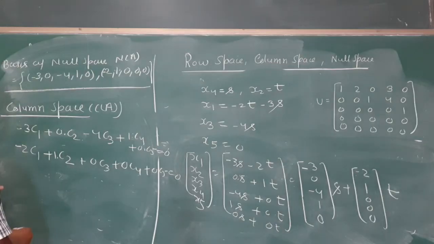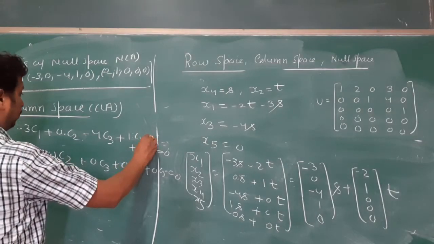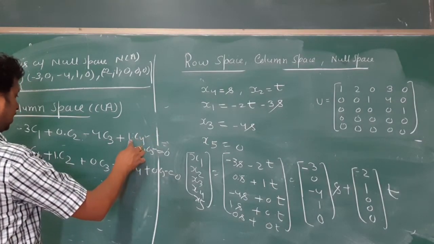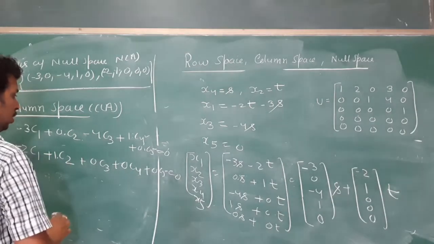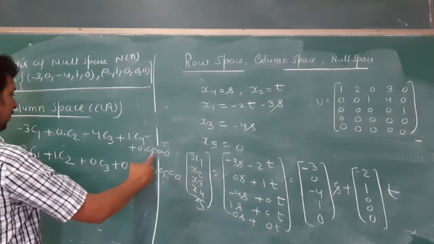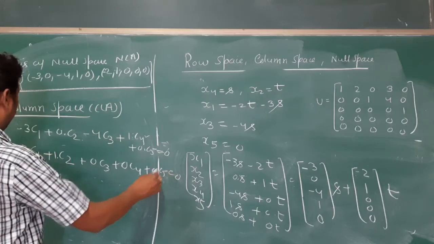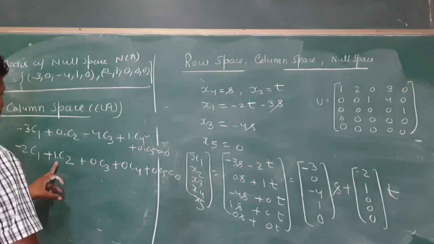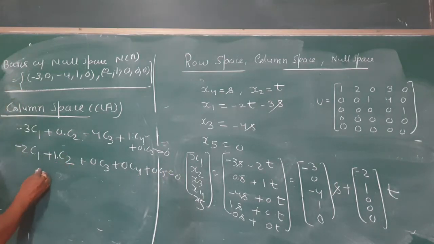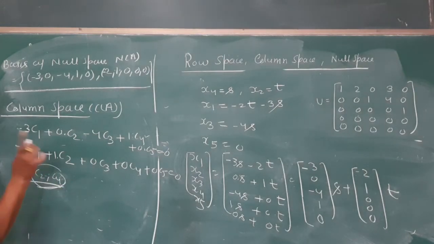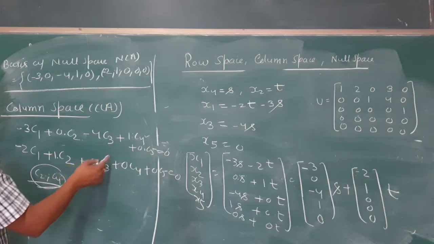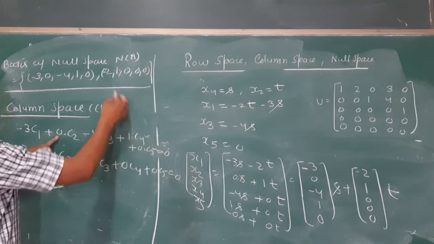So see C4, what is the coefficient? 1 and here 0, that's okay. Now one more, C5, here 0 only, C2 1 and here 0, correct. So C2 and C4 form the identity matrix, correct? See, you write C4 first.